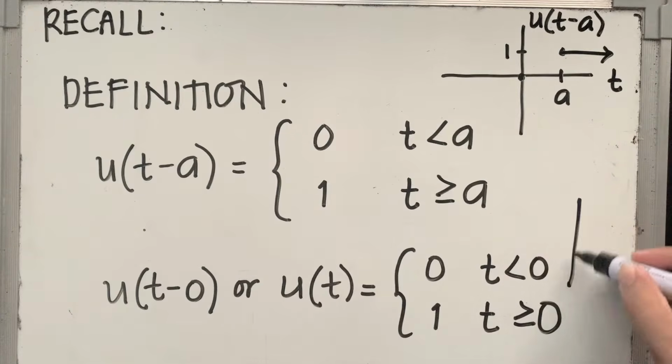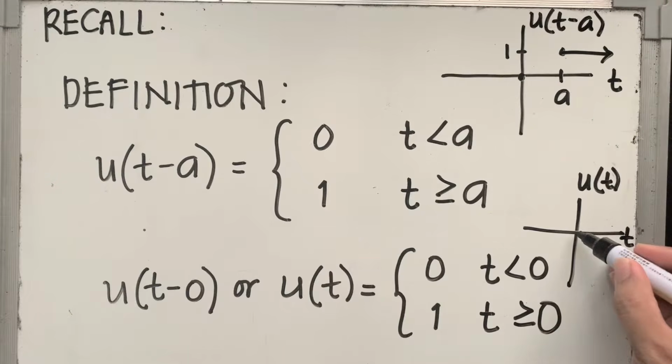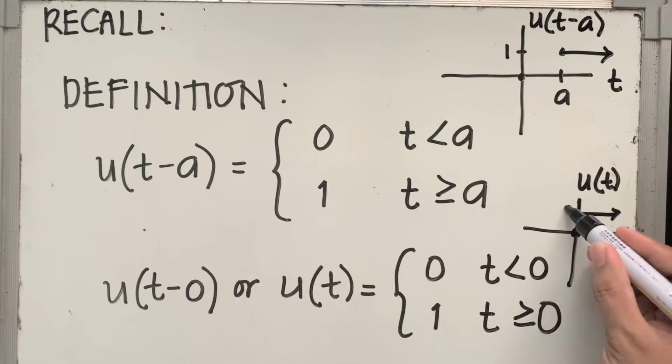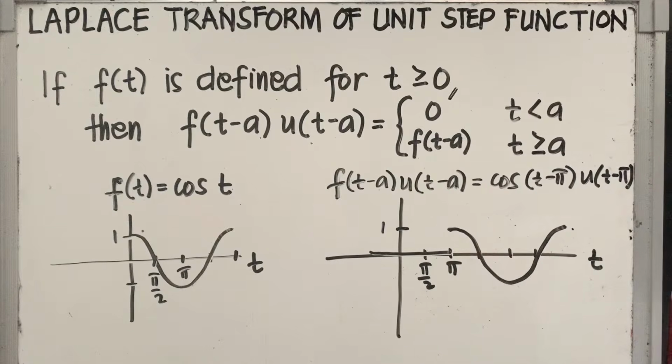So as you can see, the graph is just at 1 going to the positive t direction. Okay, the same with u of t, in which the function starts at 0. So the value of the function 1 starts from 0 to the positive t direction. Okay, so that's it.